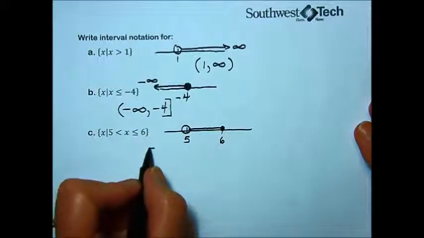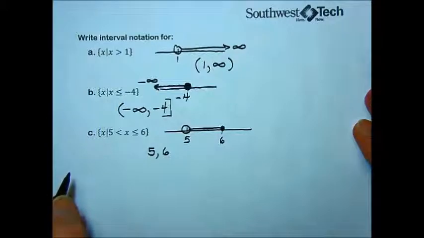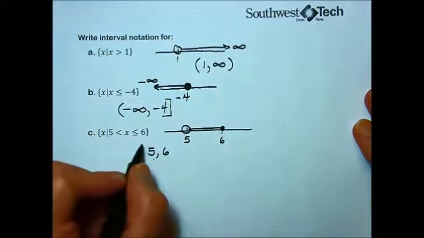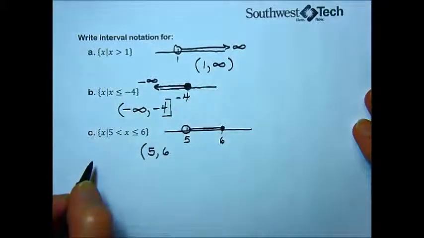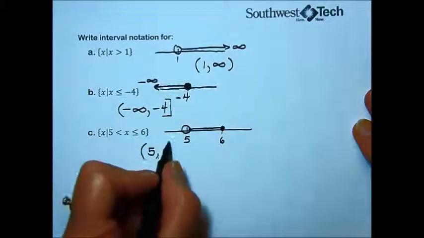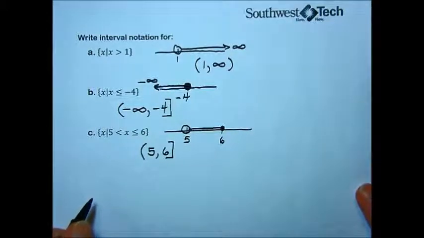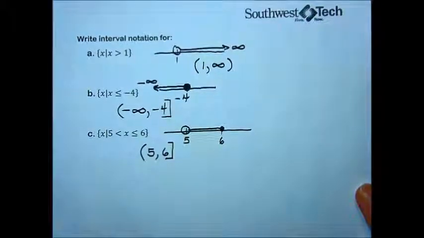Interval notation, smallest value, largest value for your interval or solutions, not including the 5, indicated with the open interval parenthesis, including the 6, we use the bracket, and this also would be an example of a half open interval as well.